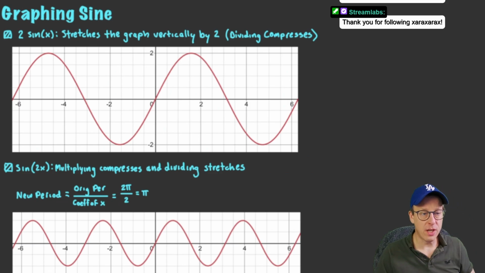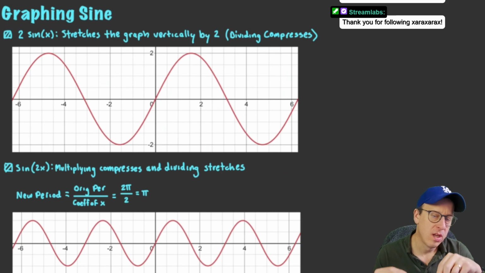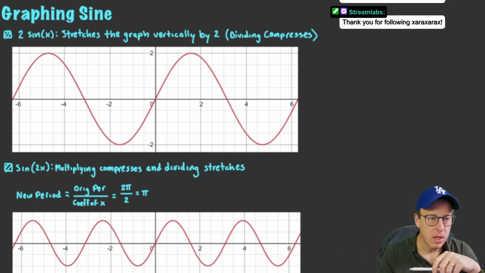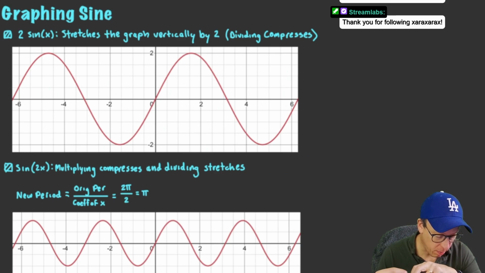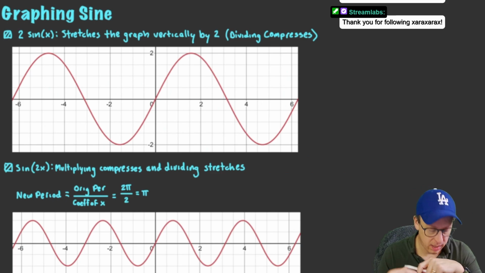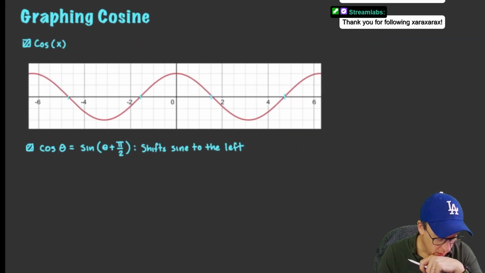In situations in which we multiply a value, in this circumstance we multiplied 2 times our sine function, that's just going to stretch the graph vertically by 2. And dividing instead is going to compress our function. And if we multiply this value inside of our sine function, that is going to compress. And again, dividing is going to stretch.